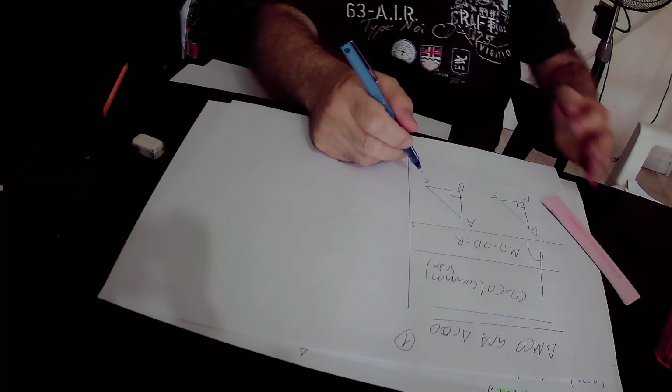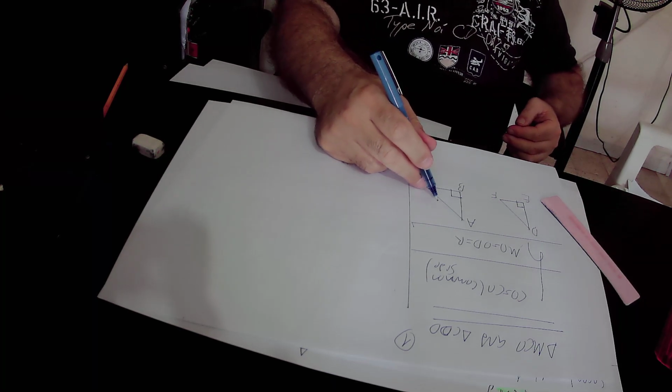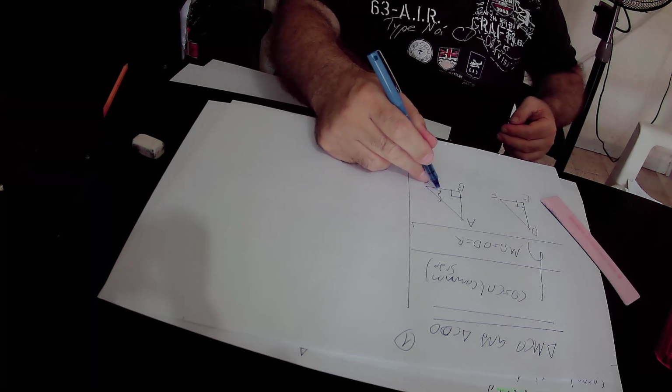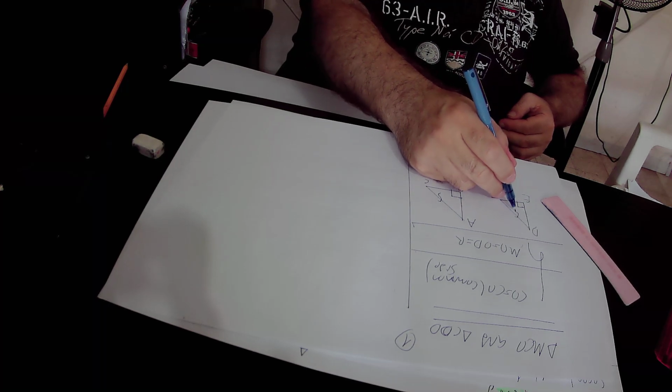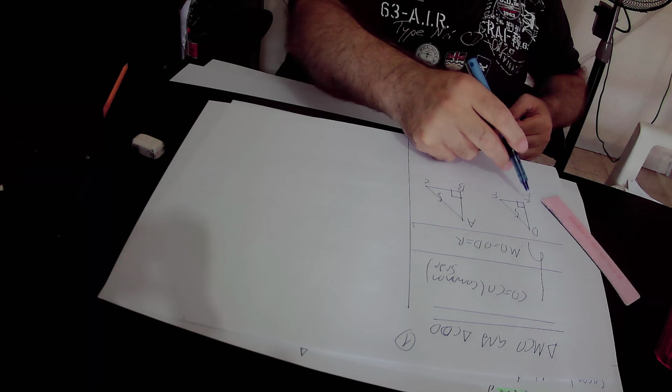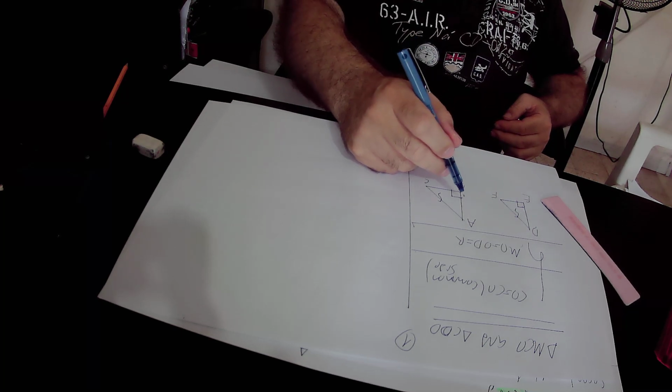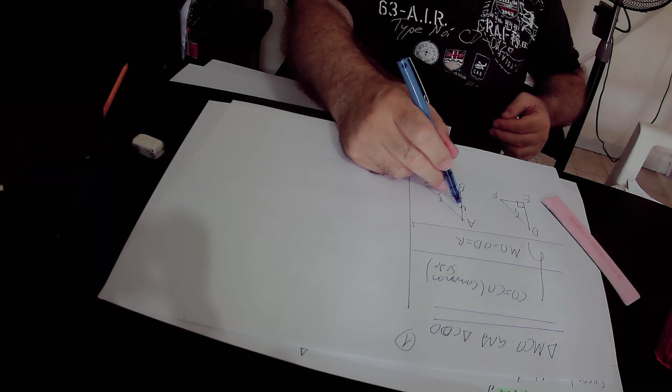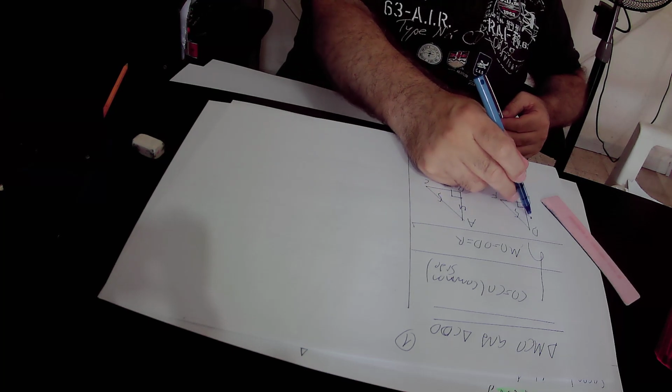Here, the hypotenuse AC equals the hypotenuse EF. They are both equal to 5 units, therefore they are equal to each other. The perpendicular AB equals the perpendicular DE. They are both equal to 4 units, therefore they are equal to each other.